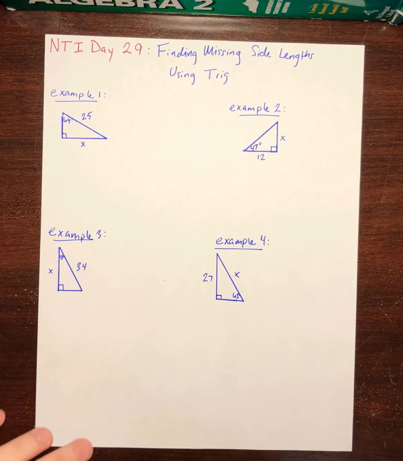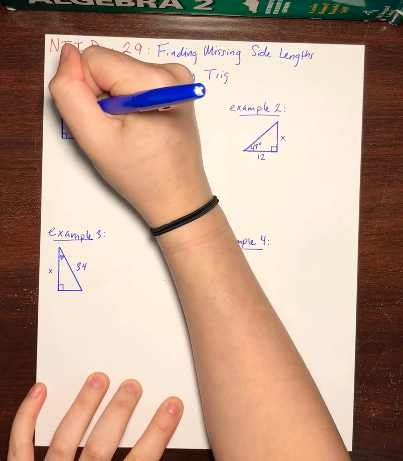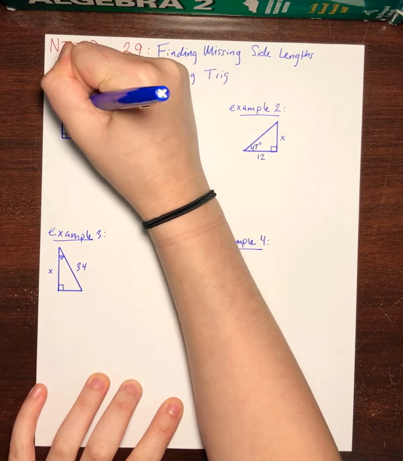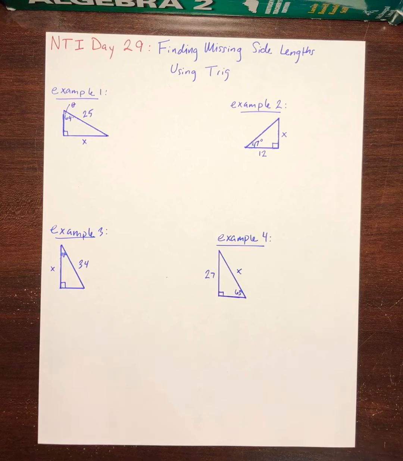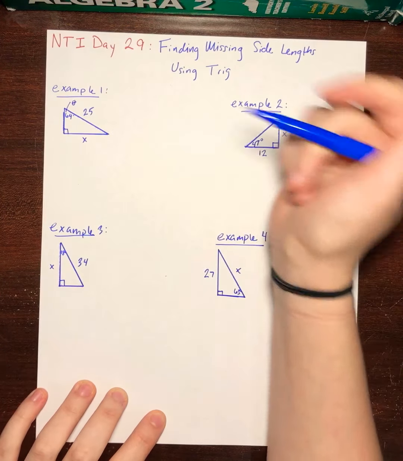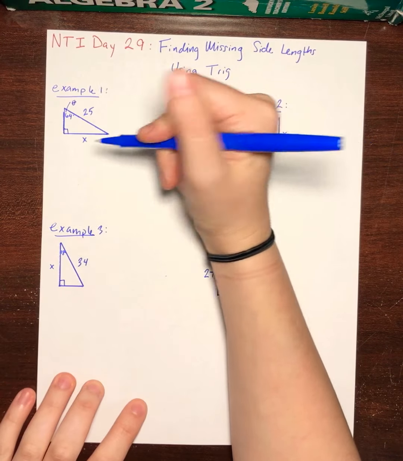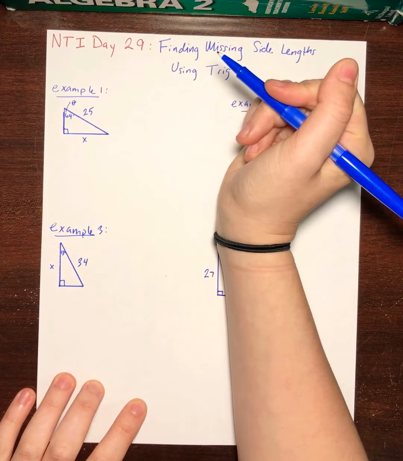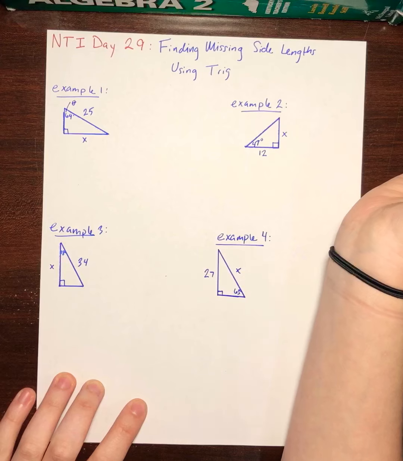So as you can see, 64 degrees, that's what our angle theta would normally be. That's what we're going to be using as our theta, kind of. We're not going to write theta, but we're going to do the same kind of thing with it. So this angle 64 degrees that we have at the top, the other labels that we have are x, which is opposite, and 25, which is the hypotenuse.